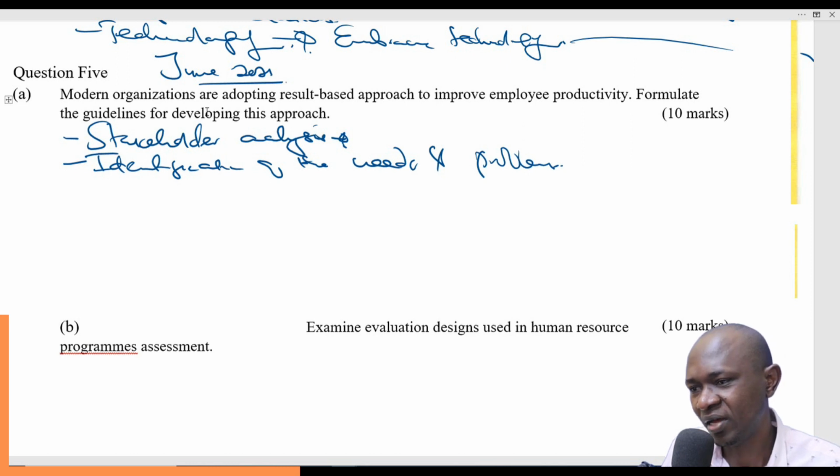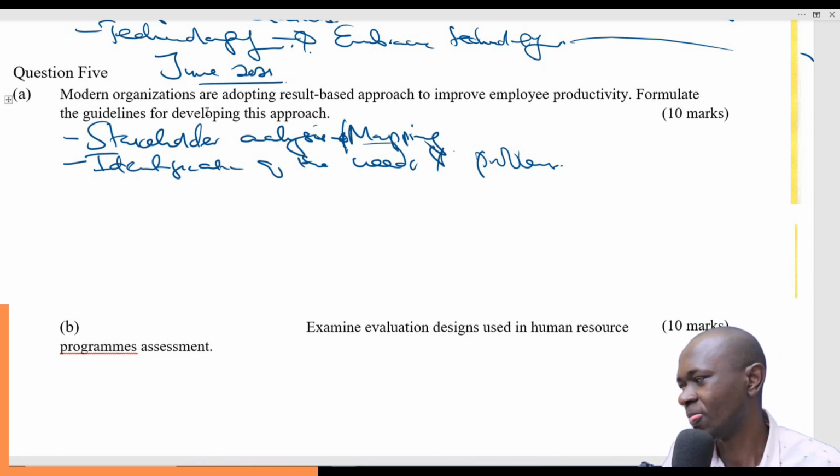So identify the stakeholders, or you can also call this stakeholder mapping. A stakeholder is anybody who is interested in what you are doing, who is affected, or who affects. So long as there is that relationship, then he becomes a stakeholder.